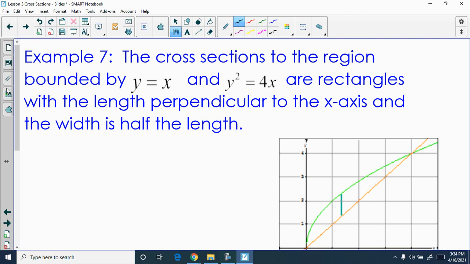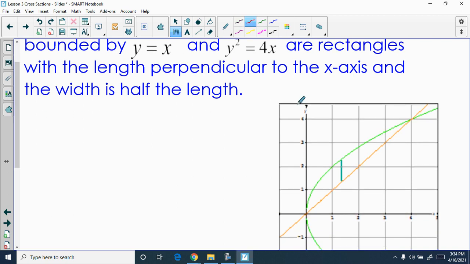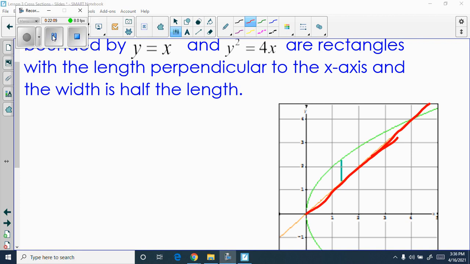For example 7, we've got the function y equals x, which is in red, and then we have y squared equals 4x, which I'm going to put in green.